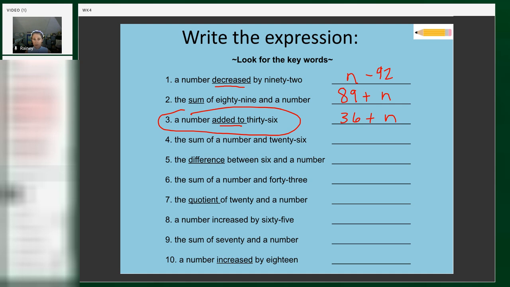So 36 must come first. Oops. That does not look right.